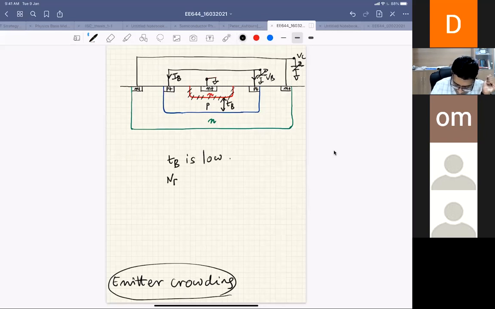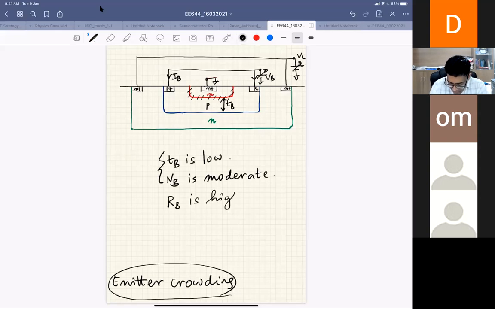The base doping NB is moderate, not very high, not very low. So if you look at the resistance of the base region, the resistance of the base region is high.